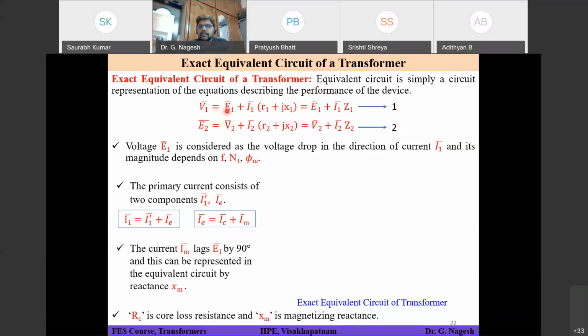After that you will have primary and secondary windings, and after that a circuit similar to the equation E2 equals V2 plus I2 into R2 plus j X2. Just have a try. We'll see the circuit later. Draw whatever you feel based on equations 1 and 2.